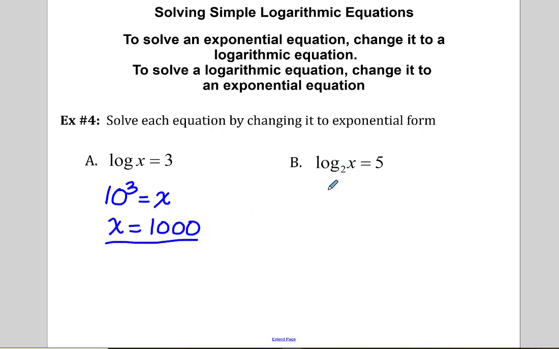And in this case, I know that 2 to the 5th power is the number, because log base 2 of a number is 5, and a logarithm is a power. A logarithm is a power. So my number is 32.